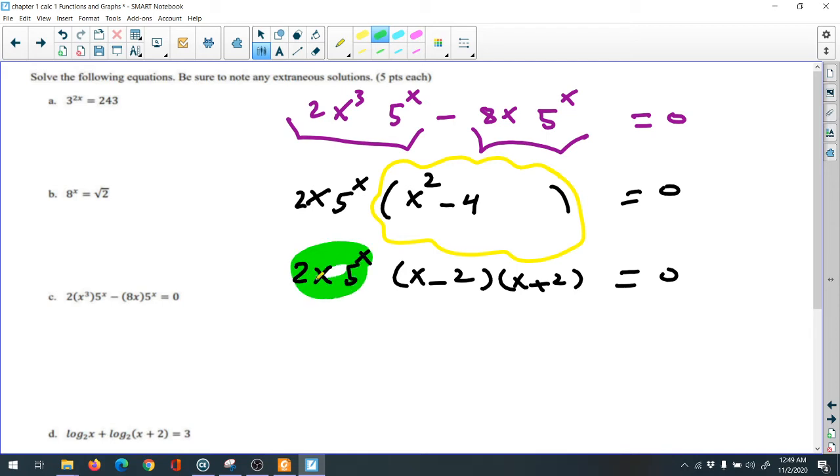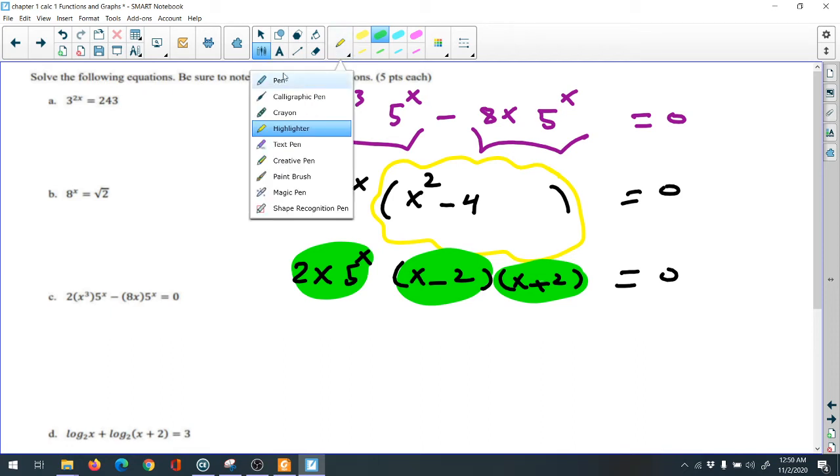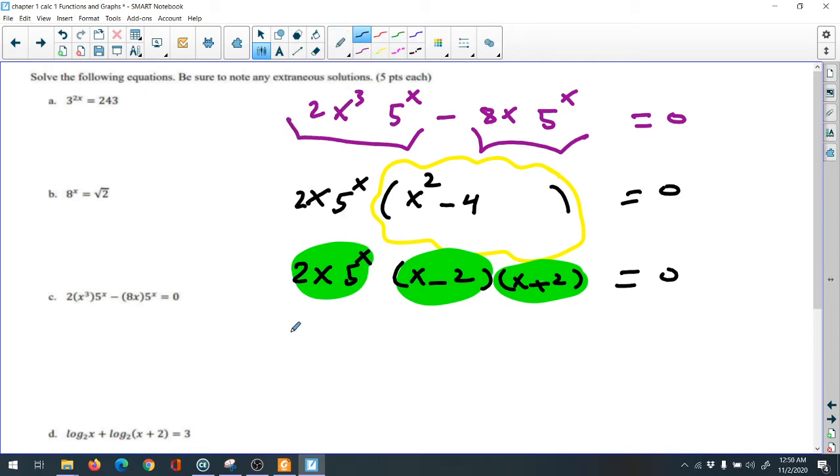This quantity times this quantity, x minus 2, times this quantity. Each one has to equal 0, or at least one of them. Okay, so 2x, 5 to the x equals 0. And here is x minus 2 equals 0. And here is x plus 2 equals 0.